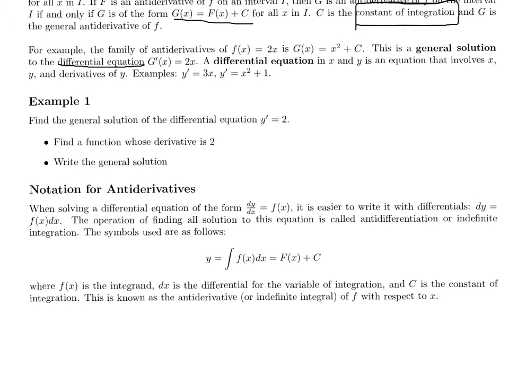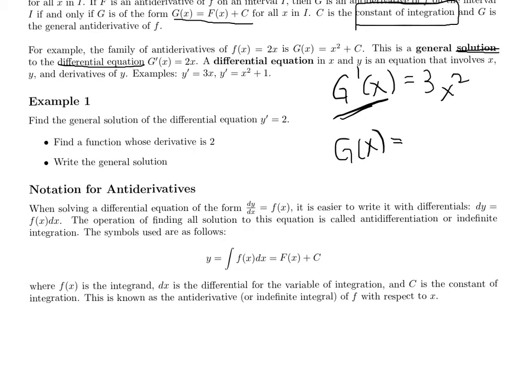Remember, what is a solution in math? A solution means whatever you need to put in to make the equal sign true. So if we know that the derivative of some function is 3x squared, finding a solution means finding what this function g is, and we just said it: x cubed.